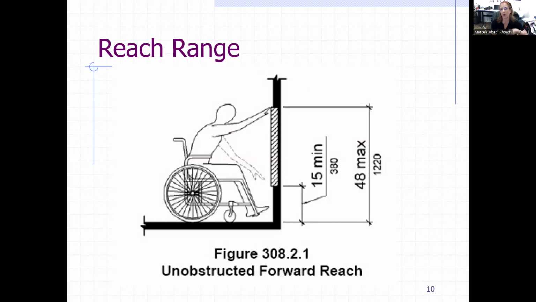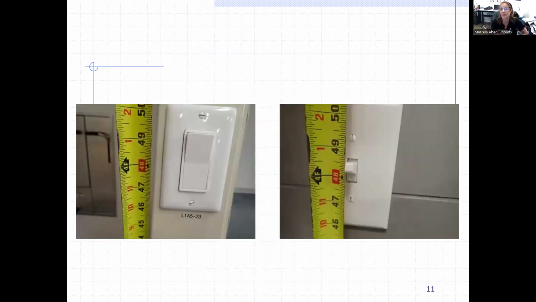The reach ranges are also a range between 15 and 48, 48 being the maximum to an operable part. Light switches are notoriously installed incorrectly, partially because I think electricians are taught to mount to 48 to the middle of the junction box, instead of to the operable part.